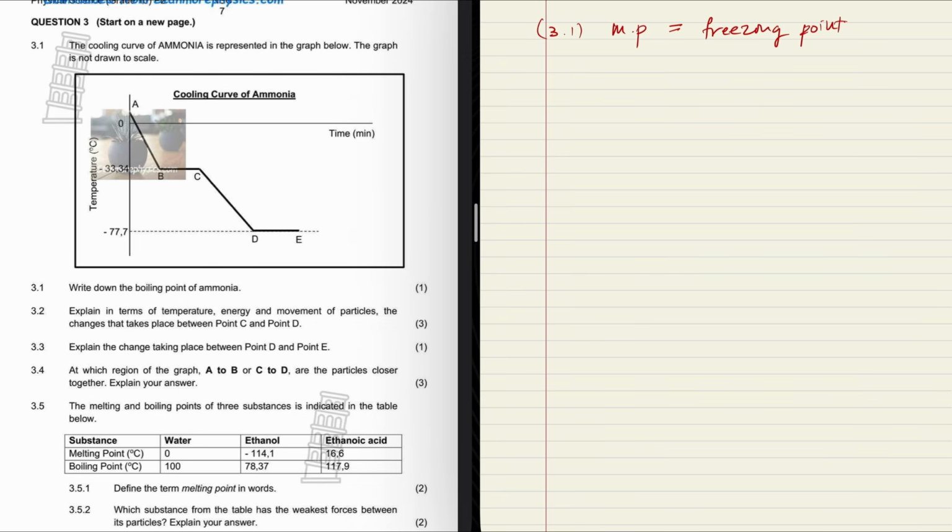So the temperature at which a substance goes from a solid to a liquid, meaning melting, is the same temperature at which that substance goes from a liquid to a solid. Likewise, the boiling point of a substance is the same temperature at which that substance condenses. So it is going to be the same as the condensation point.